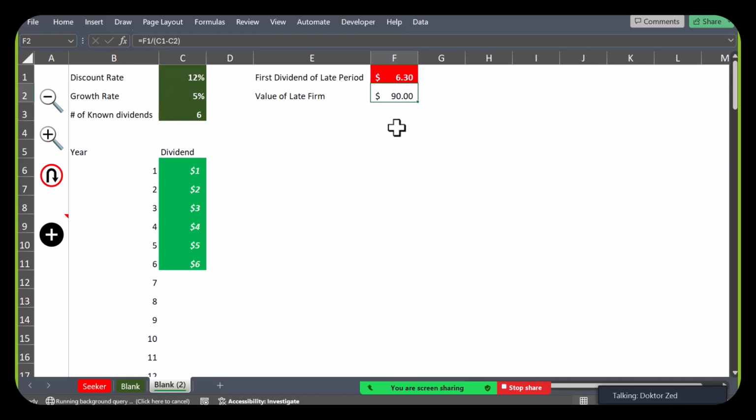But that's a value of the late firm later. Take that later value, divide that by 1 plus the discount rate, raised to the power of the number of known dividends.